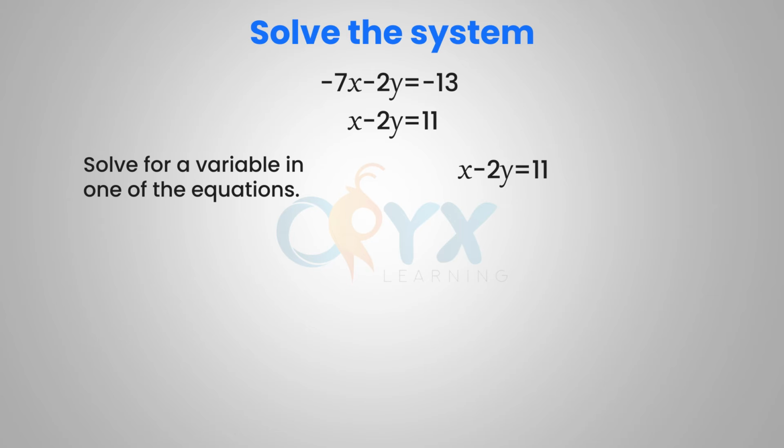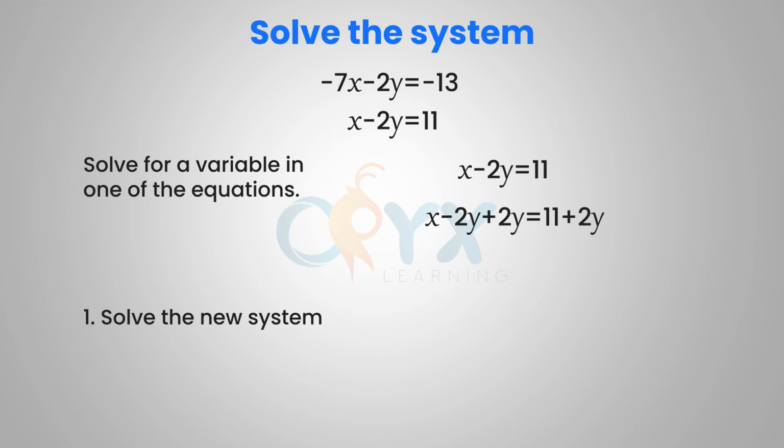In order to isolate the x, I can use the inverse of subtraction, which is addition, to add 2y to both sides of the equation. This leaves me with x equals 11 plus 2y. If x equals 11 plus 2y, then I can substitute in 11 plus 2y for x in the other equation.